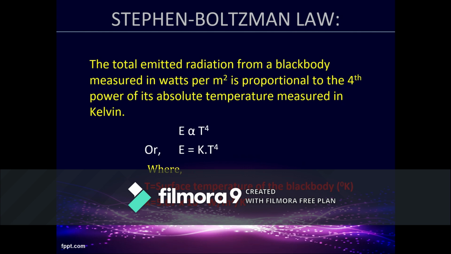The amount of energy emitted by an object is computed by summing or integrating the area under its curve. So it is very clear from this illustration that the total emitted radiation from the 6000 Kelvin sun is far greater than that emitted by the 300 Kelvin earth.